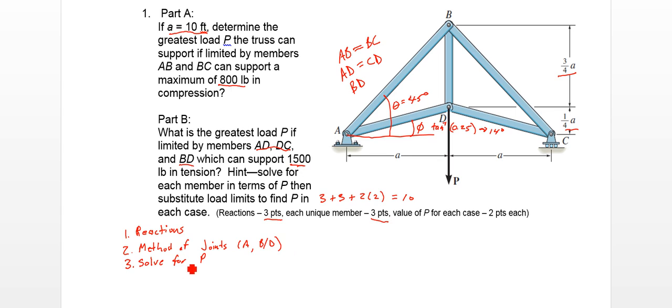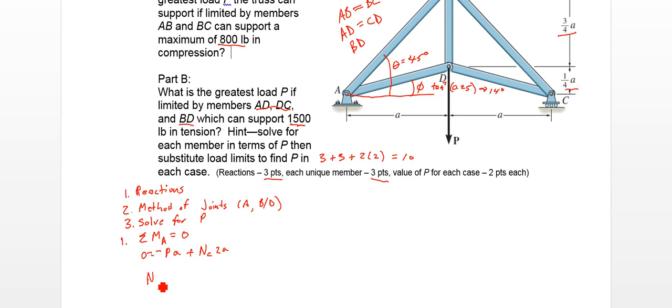Alright, so step 1, our reactions. Let's take our moments around A. The sum of the moments around A equals 0. So we're going to have negative P times A, and that's clockwise, so it's a negative moment, plus our normal force at C times 2A.